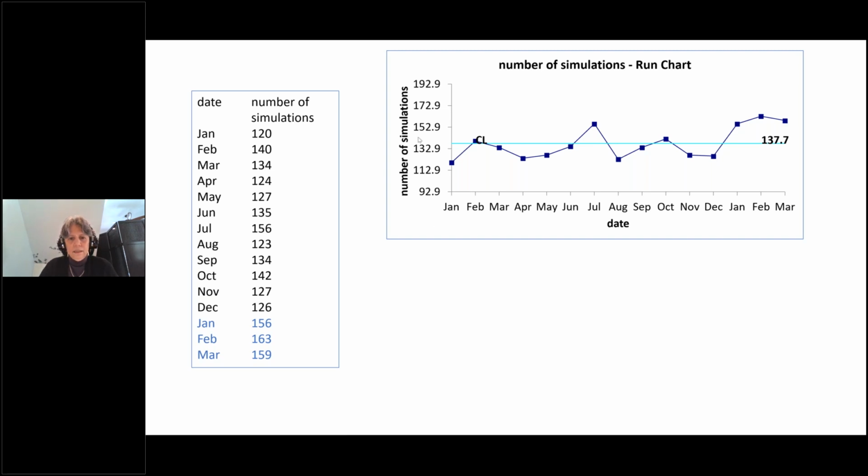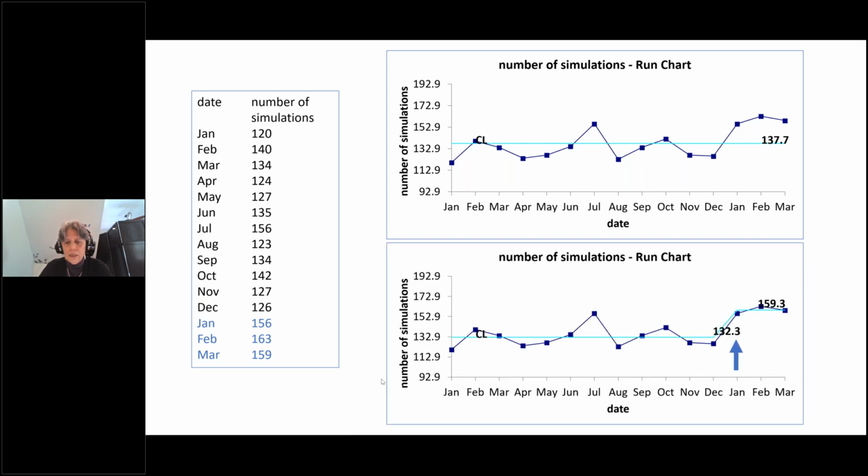Another thing about the axes is this timeline can be any unit, right? In this example, I've used months, but it could be days, it could be weeks, it could be years, it could be hours. It could be any unit, and it could be anything sequential. So it could be number of simulations, to be confusing in this example, but it could be simulation 1, simulation 2, etc. So what I've done with the software is I've added a point where we made the process change.